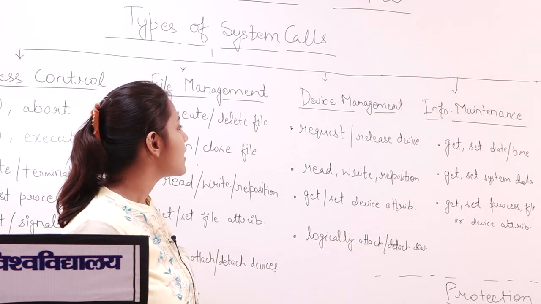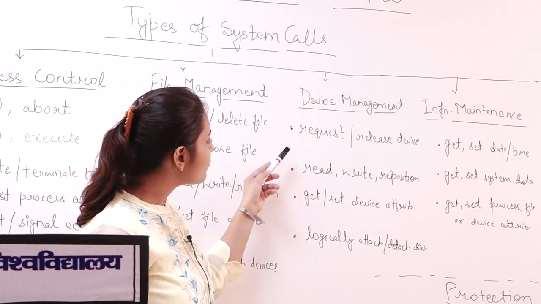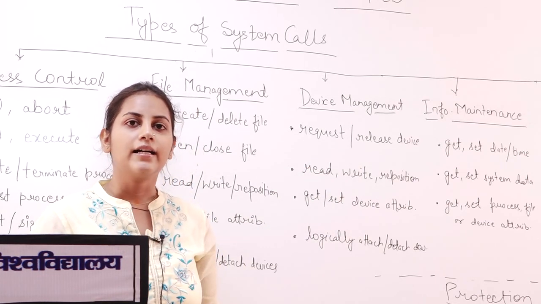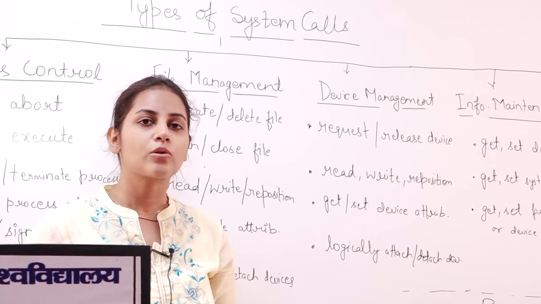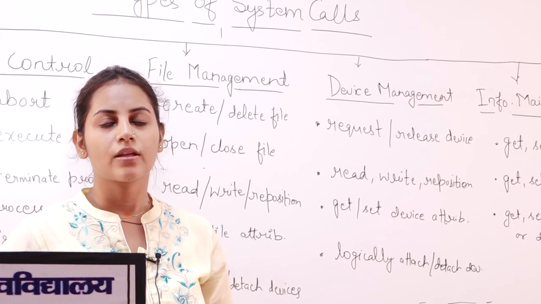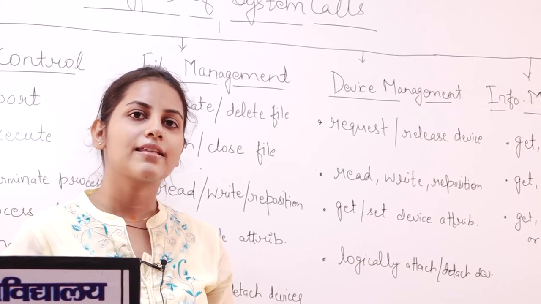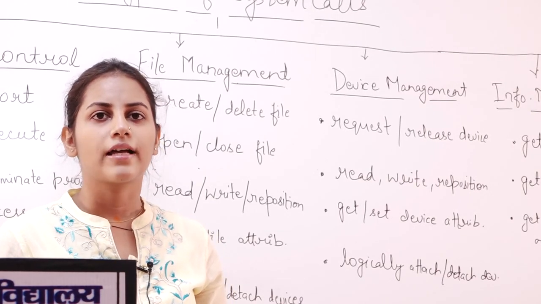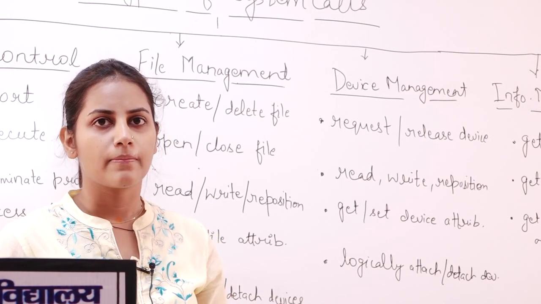These system calls are like calls for requesting and for releasing some device. Like a process might be accessing the console for printing the contents on the screen, or maybe accessing the printer for printing the results of a program on a page that is physically attached to the printer.